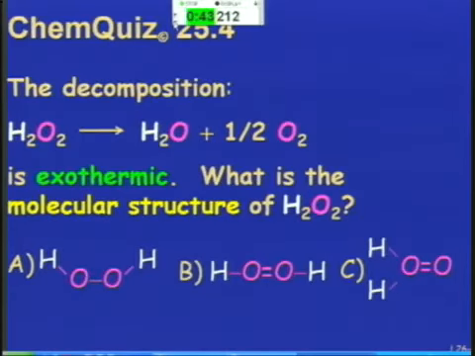Actually, you can discuss it even. We have done this already. Just want to see if you can remember that. Because if you can solve this, you know how to use average bond enthalpies.